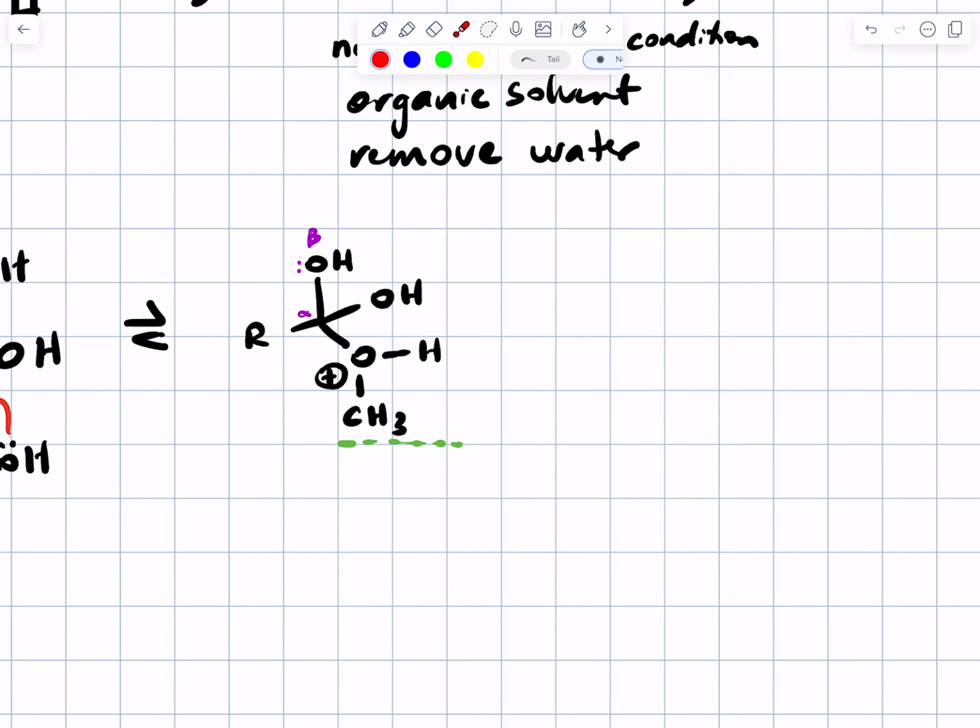What we need to do now is, since we're removing water, we need to actually trade who's the good leaving group using proton transfer. So rather than use my magic textbook proton transfer box, I will actually show you the proton transfers.